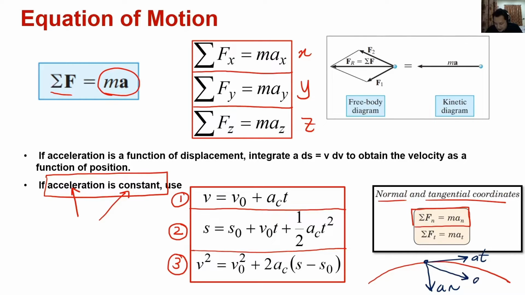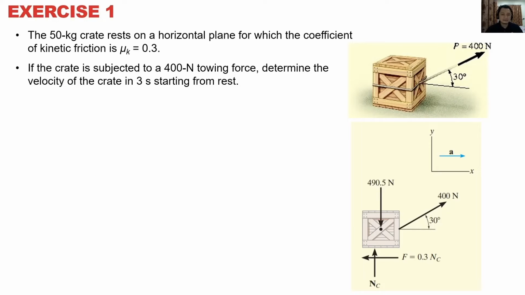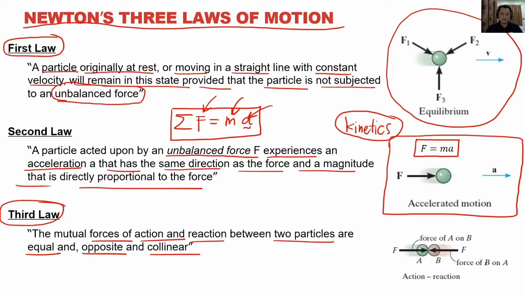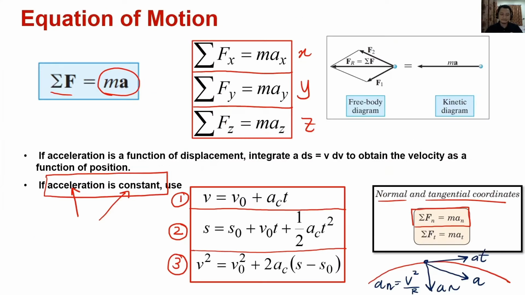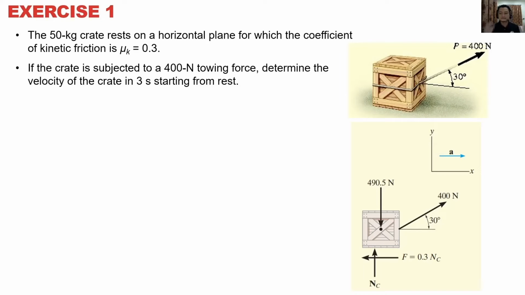A normal is equal to v squared over r. This is what we learned last week. So there are a few formulas that we can apply in kinetics.